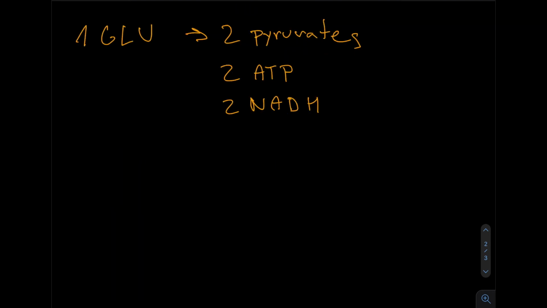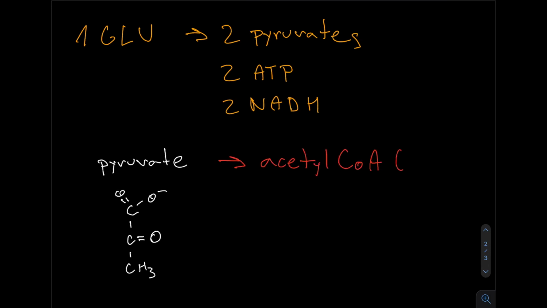Now we have to discuss what happens with the molecule of pyruvate after glycolysis. So we have the molecule of pyruvate right here, and what happens is that it has to lose one carbon in order to form acetyl coenzyme A, which we know has two carbons in it.